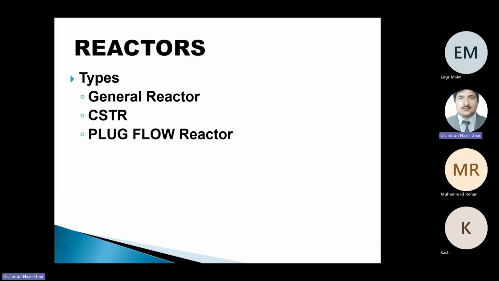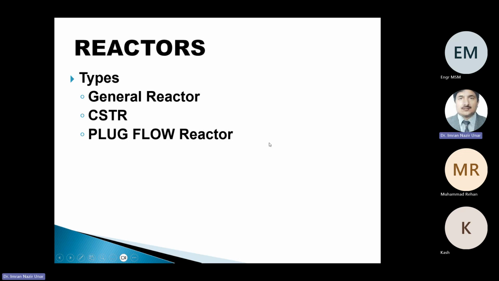Basically, in HYSYS, we have three kinds of reactor. One is a category which is called general reactors type. In this category, you will find 4 or 5 reactors. Then in the second category, only one reactor is there, which is called continuous stirred tank reactor or CSTR.